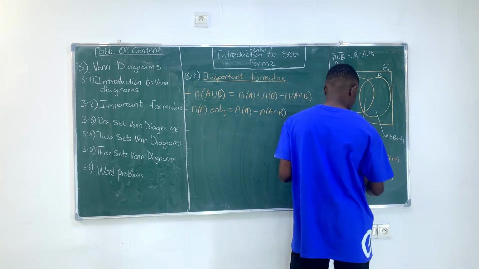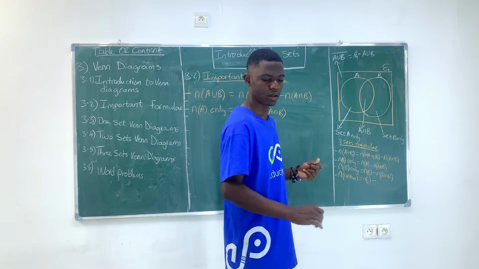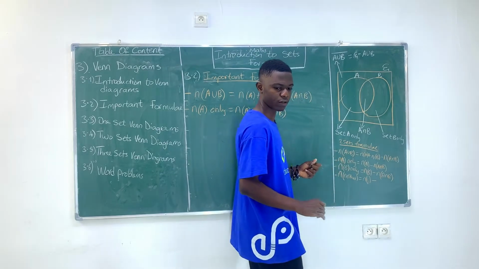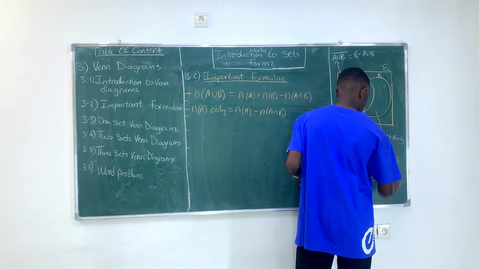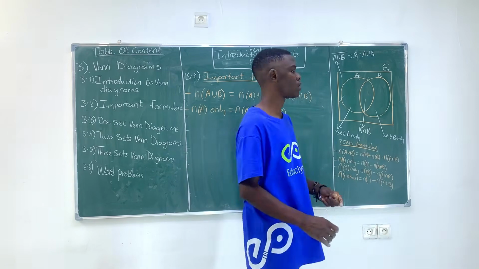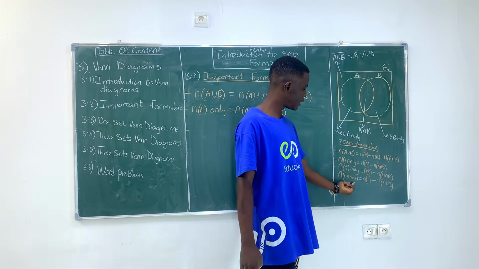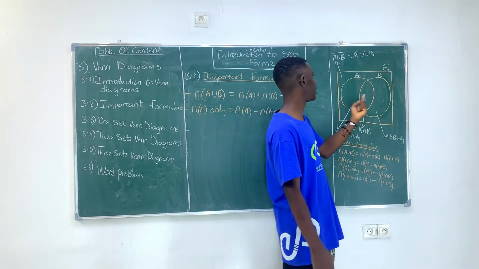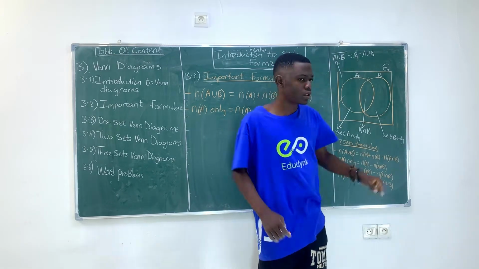n of neither is equal to n of the universal set minus n of A union B. As it says, the universal set minus A union B is going to give you all of what is not in the sets, or is outside of the sets. So the number of elements neither in A nor B will be the number of the universal set minus this.